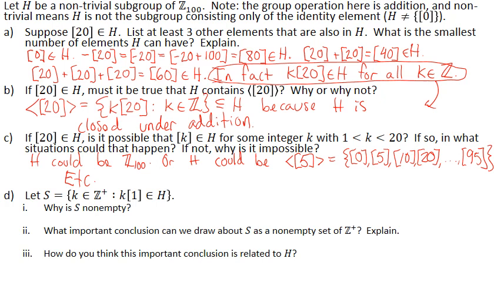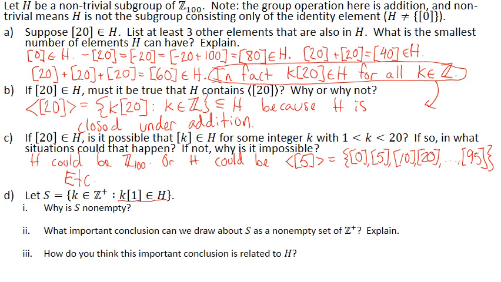Okay, part D. Let S equal the set consisting of all positive integers k such that k times [1] is an element of H. This is an interesting condition here. So they're asking us which of the positive multiples of [1] are in H. That's what S is.